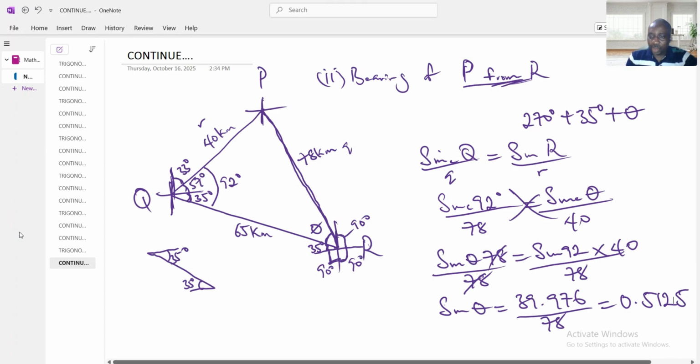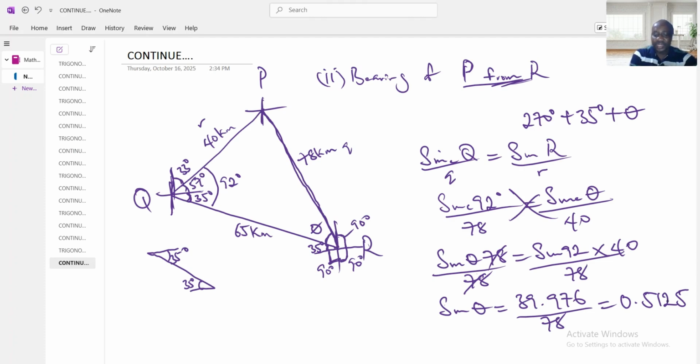Now, how do we calculate this one? We are going to use calculator. Just press 0.5125. The first thing that you need to press to convert this to degree is shift.